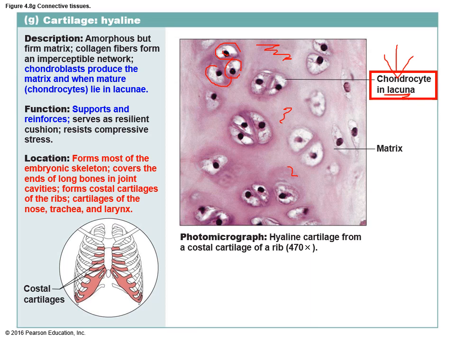Hyaline cartilage is best known for support and reinforcement. We have a wide variety of locations to choose from. Here on our illustration, we can see the costal cartilages in our rib cage. You can also find it, for instance, in the trachea and the larynx, within the long bones, and in the embryonic skeleton.